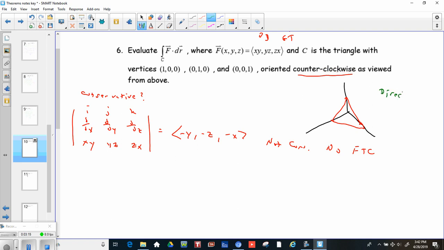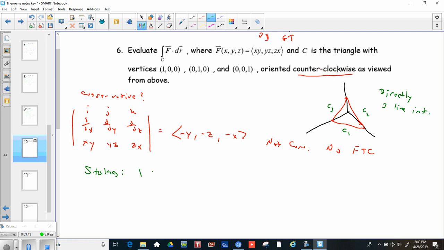If we do this directly, it would have to basically be a C1, C2, and C3. We'd have to have 3 line integrals. And it wouldn't be terrible, but it would definitely be a bit of a pain. It would take a while. So maybe the best way to do this is to try Stokes. Let's see if that's going to work.